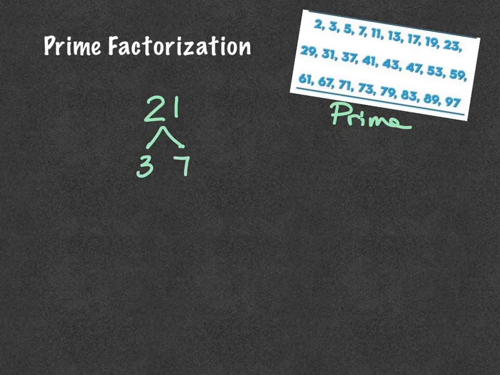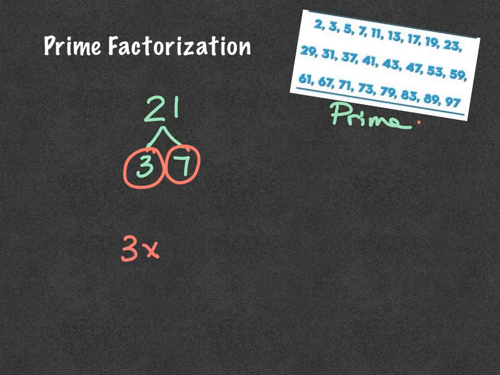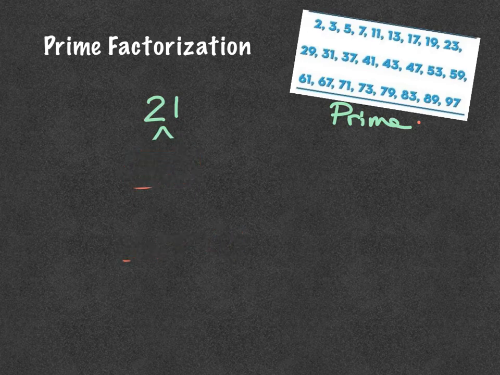Now 3 and 7, if we look over here on our prime list, are both prime. So that is the end of our factor tree. Our prime factorization of 21 is just 3 times 7. Okay, so sometimes it's a real short little factor tree. It doesn't have to be super long.